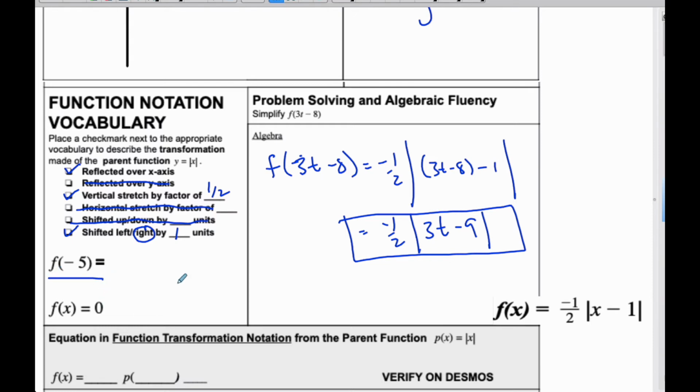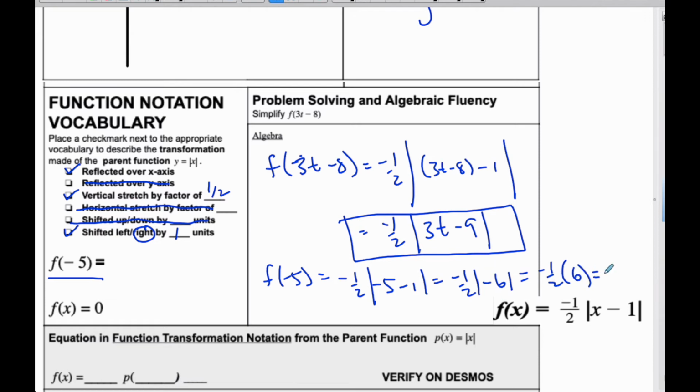Moving to f at minus 5, let's try it. It's going to be negative a half, absolute value of minus 5 minus 1, which is negative 6. The absolute value of negative 6 is a positive 6, because that's what it does, it makes it positive, and so it ends up being negative 3.